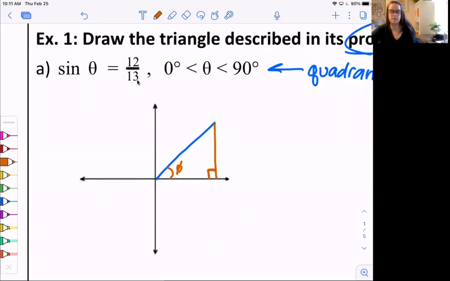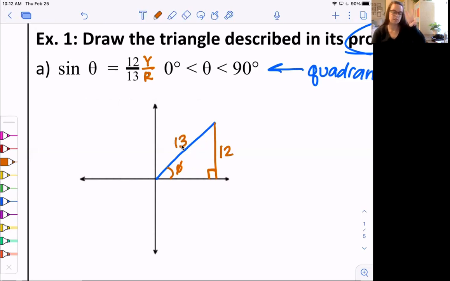Sine is Y over R. Absolutely, thanks, Mia. Y over R, like that, right? So 12 is Y, and my radius is 13. So I'm going to put a 12 here on my graph, and then my radius is 13. So the radius is here, 13.